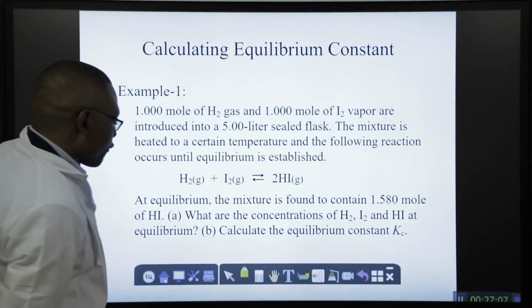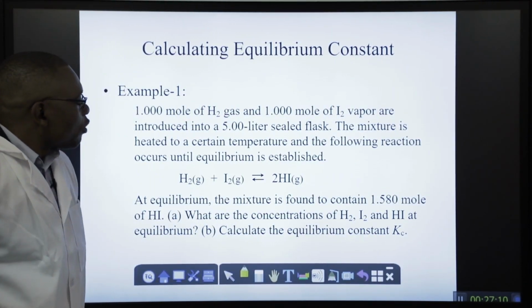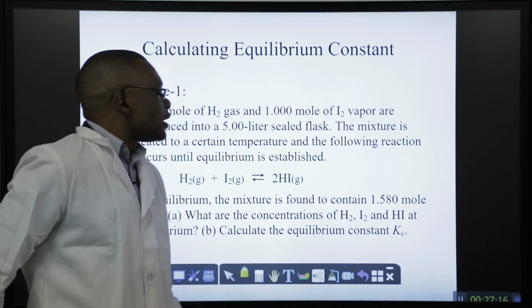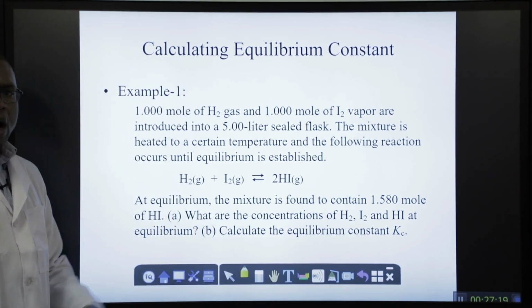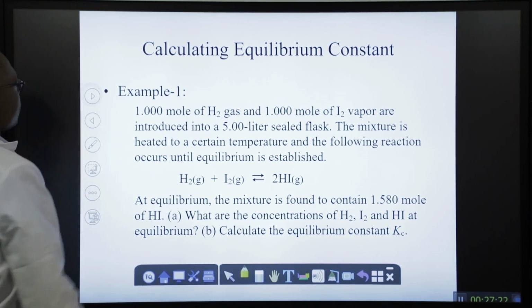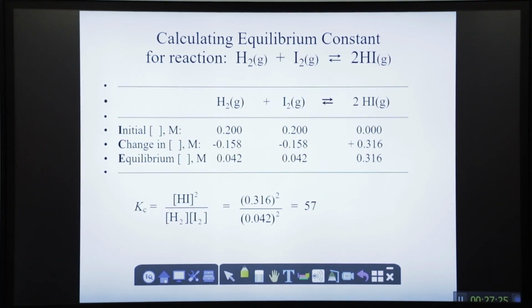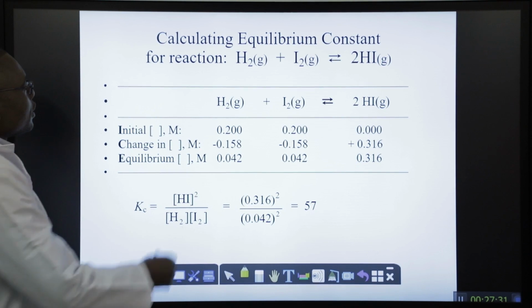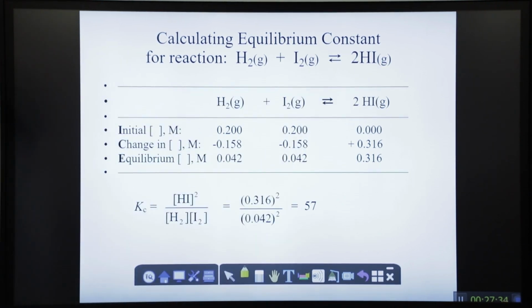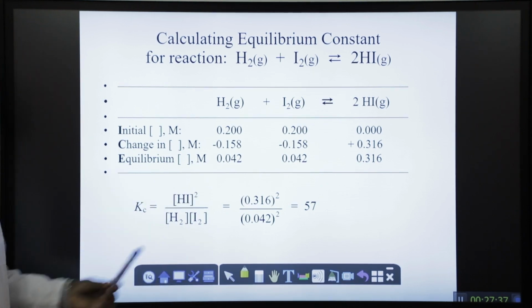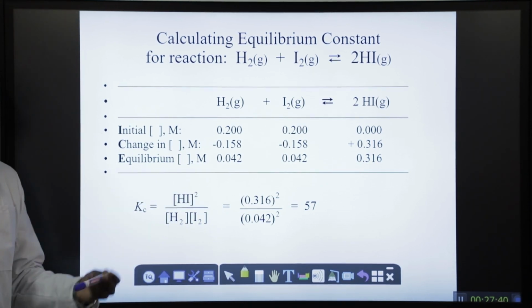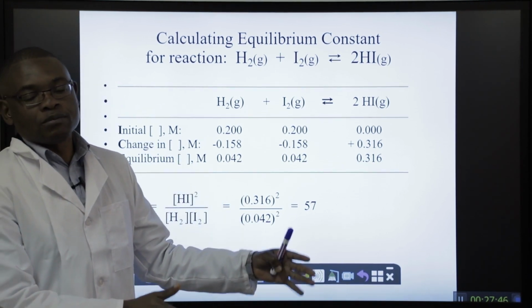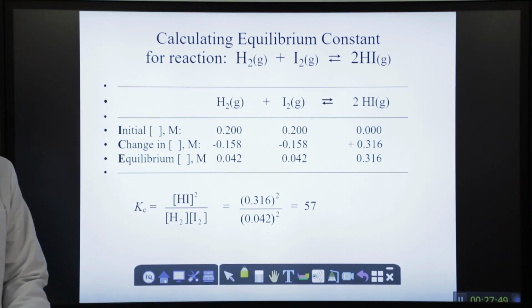So, our first question is asking, what are the concentrations of hydrogen, iodine, and hydrogen iodide at equilibrium? How do you deal with that? This is how we do it. You use what we call the ICE table. To calculate the equilibrium constant for the reaction, you ought to account for the quantities you have as products and how they change when some of the reactants react to form products.